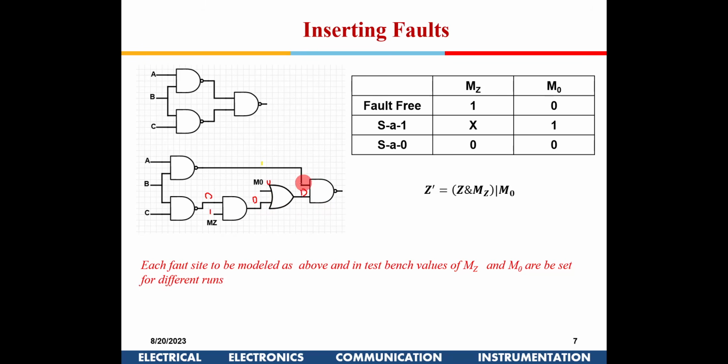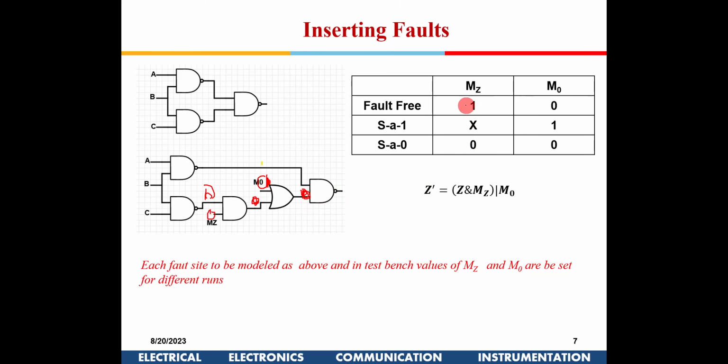Whereas if I put M0 equal to 1, this will give me 1 here, so it will simulate a stuck at 1 fault. Similarly, if I put a 0 here, irrespective of whether it is D or whatever it is, I'll have a 0 here. M0 is also 0, so this 0, 0 will bring a 0 out here.